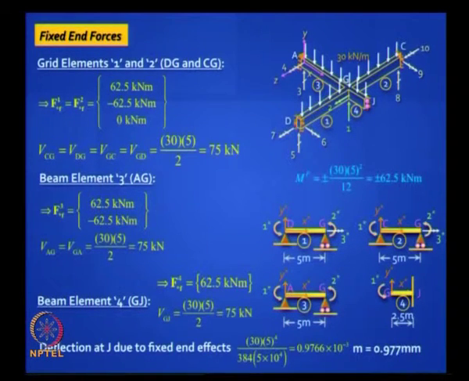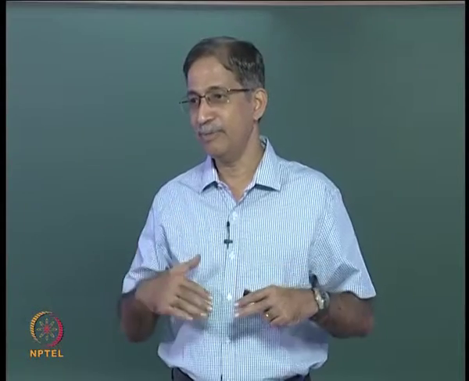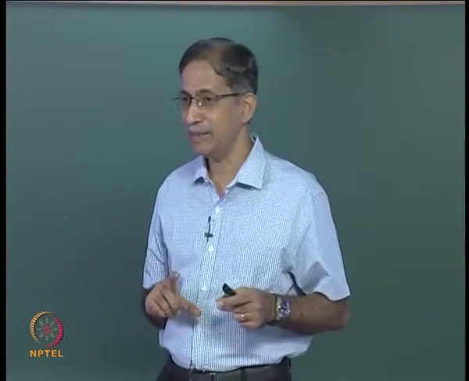Then from this you can also check out your deflection because that is a question asked. What is the maximum deflection in that entire grid? It is very important when you design grids because deflection is one of the governing criteria for deciding the depth of the beam. The deflection should be within acceptable limits.